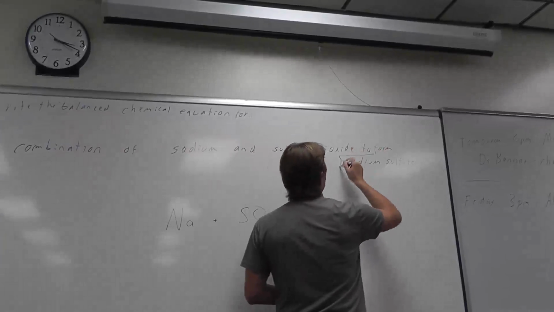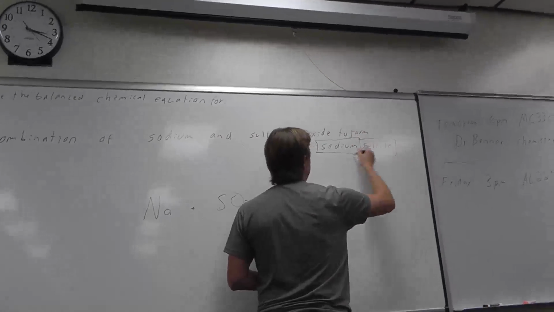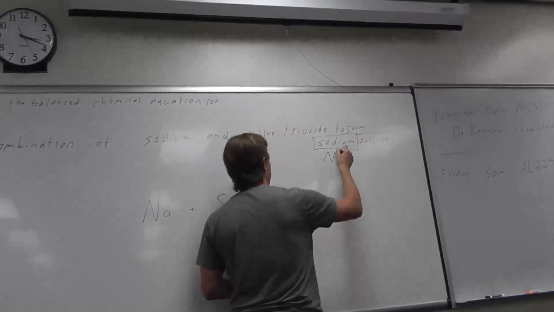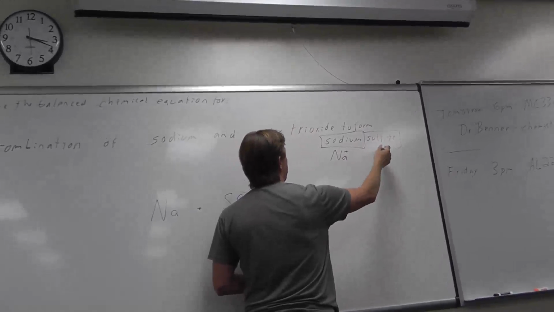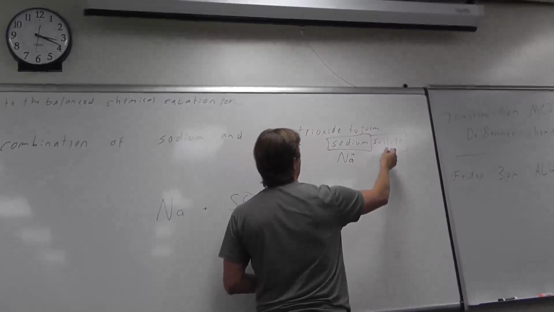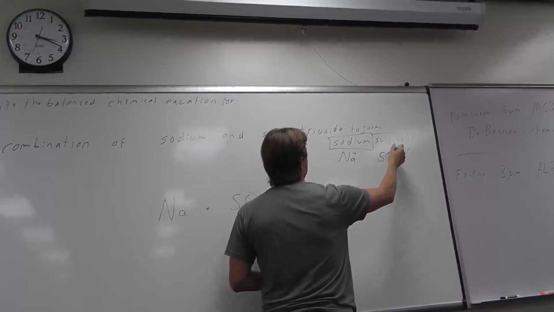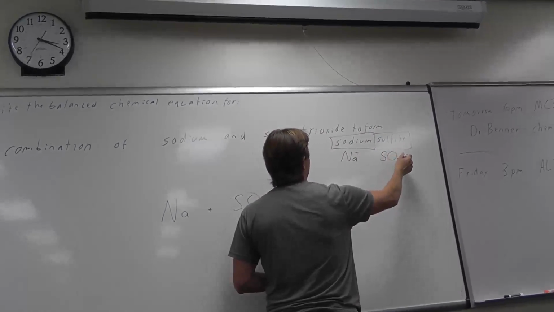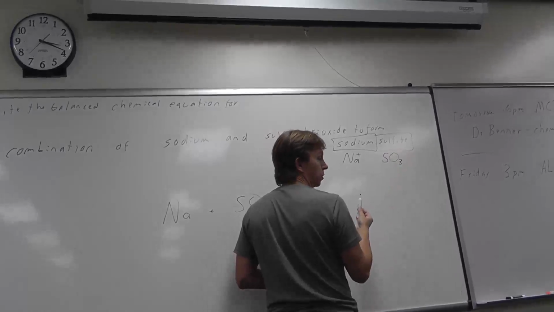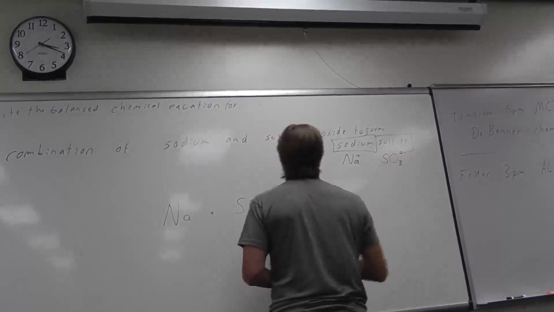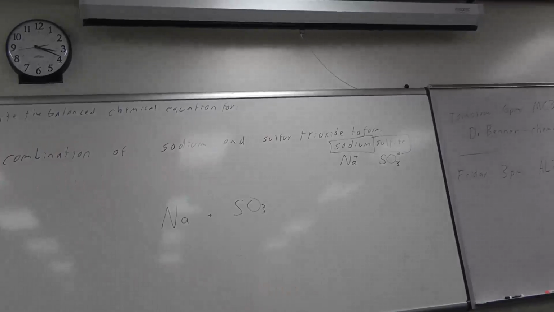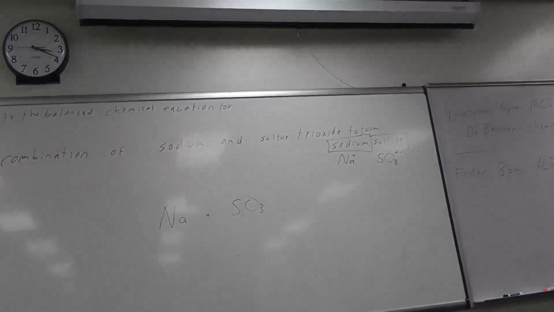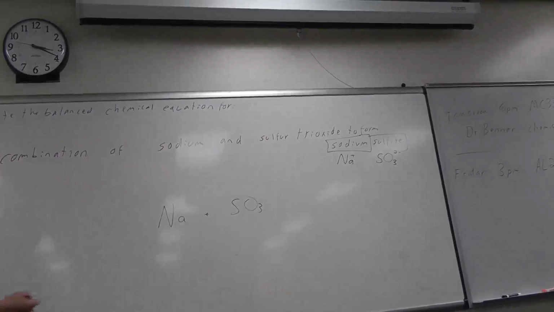Now I'm telling you what the product is, but you still have to piece it together in terms of formulating. That does relate to charges. What's the charge for sodium? +1. What's the formula for sulfite? SO3. What charge? -2. Sulfate is SO4, sulfite is SO3. So SO3 with a -2 charge, that's the sulfite ion.